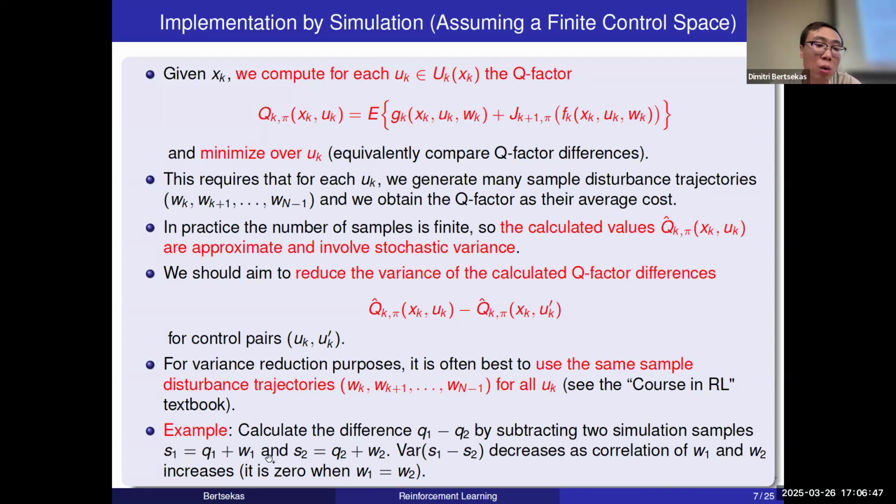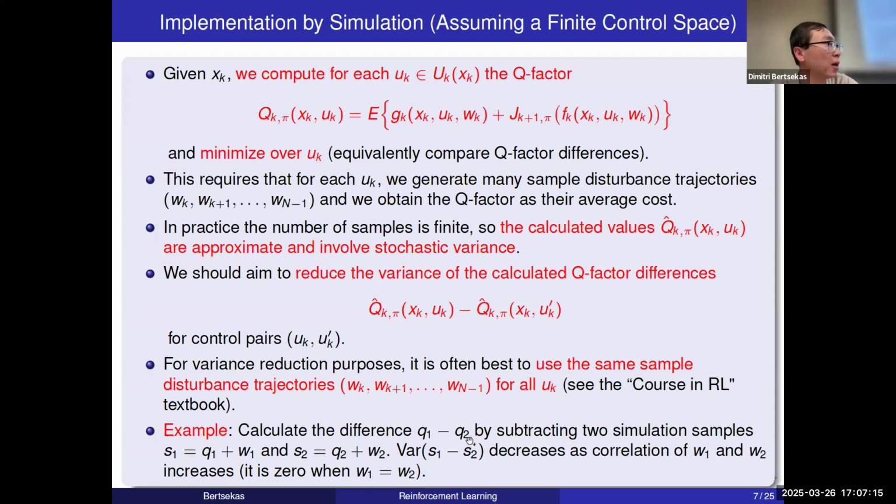Suppose instead we sample according to the distribution W and use the same W value for both W1 and W2 to calculate the measurement of Q1 and Q2, then the difference of S1 minus S2 would be equal to Q1 minus Q2.